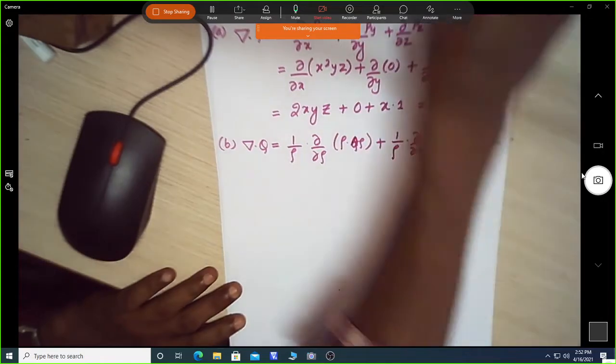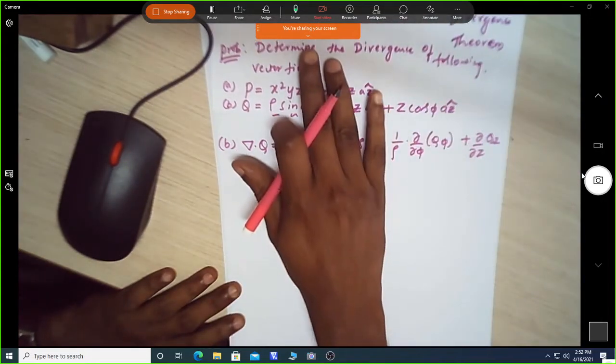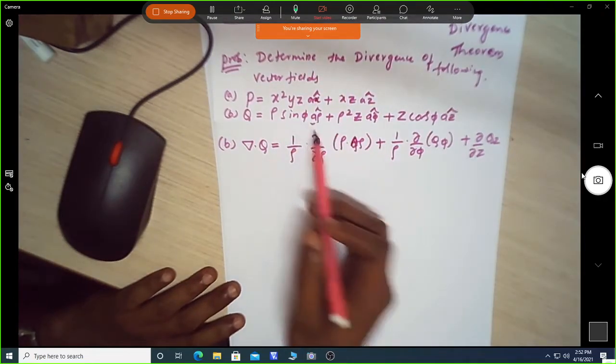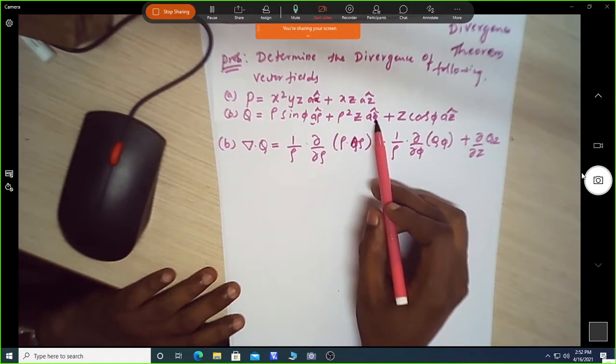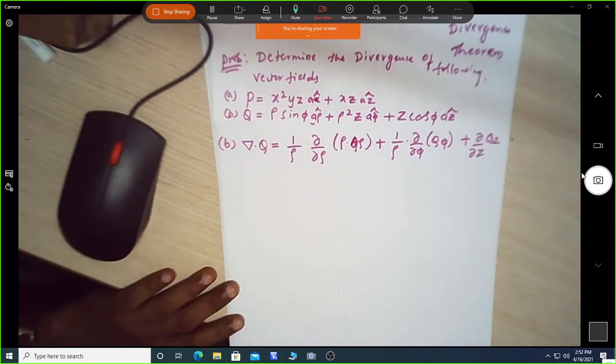Okay. So now what is the given vector q? You can see here q is rho sin phi in the a rho direction, rho square z in the a phi direction, and z cos phi in the az direction.